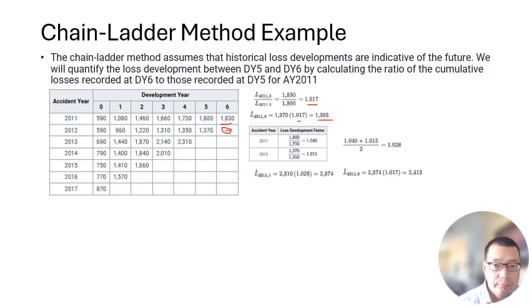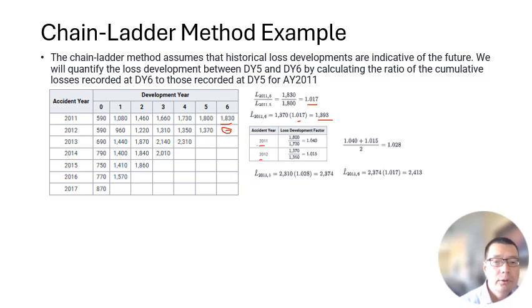Now, if we get to the next row, 2013, there are two empty spaces: development year 5 and development year 6. In this case, we have two loss development factors, because you can derive one from 2011 and one from 2012.